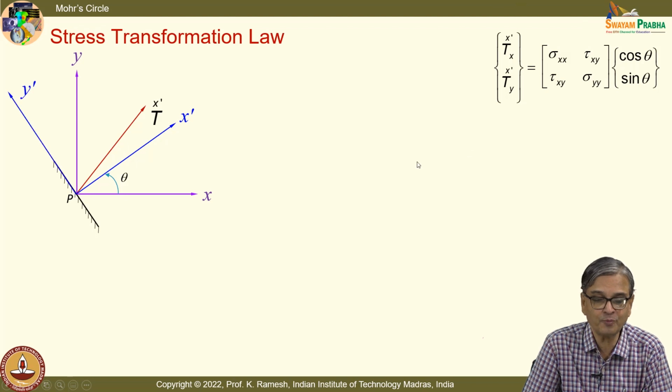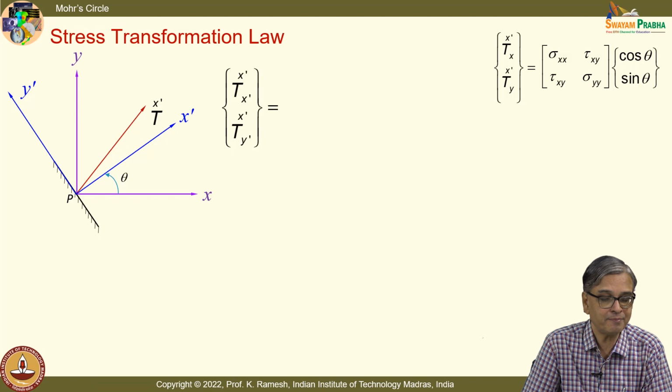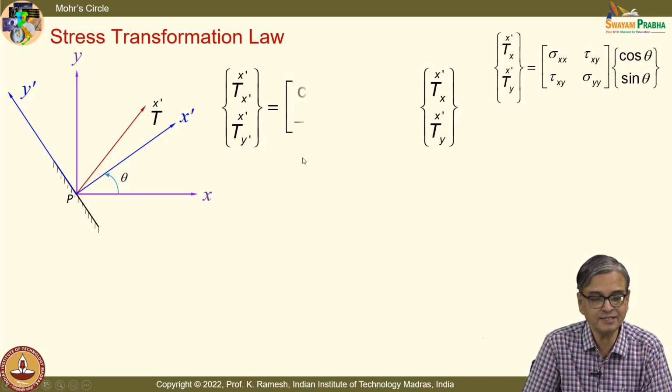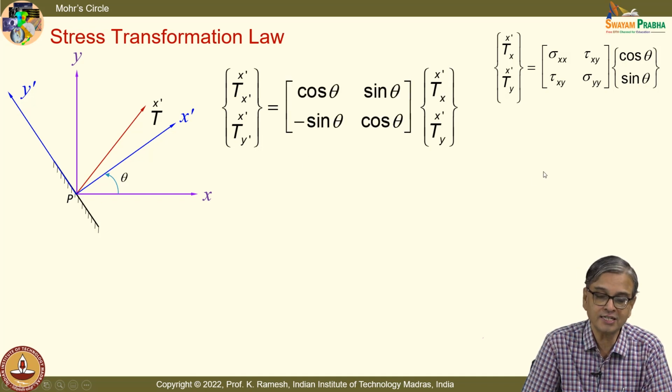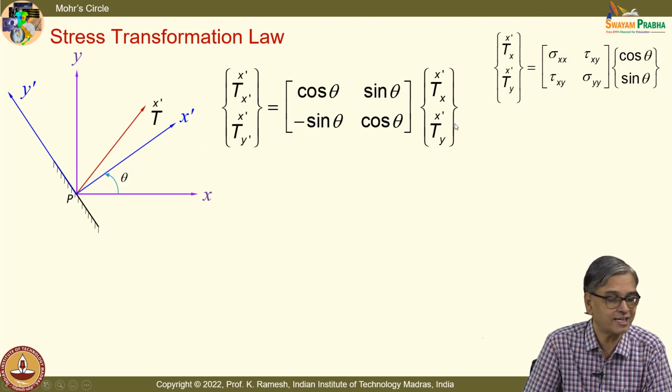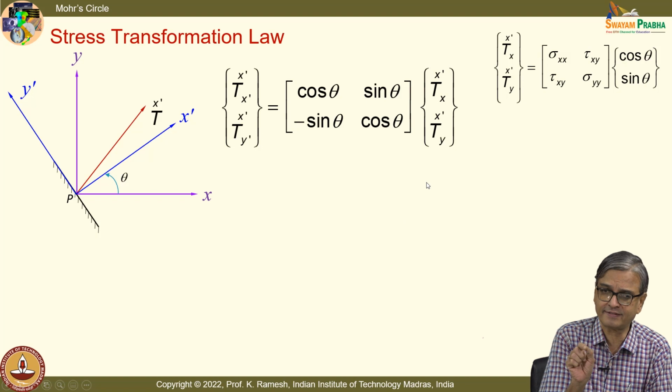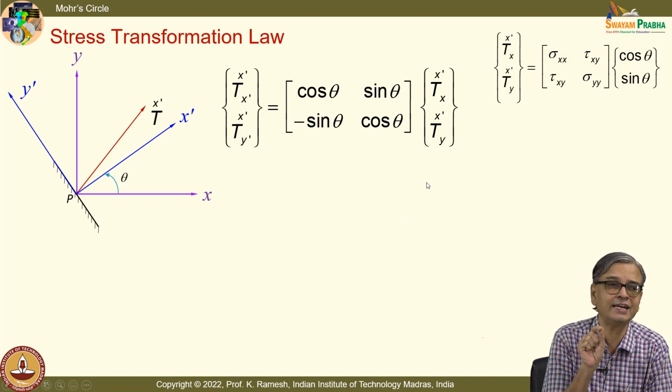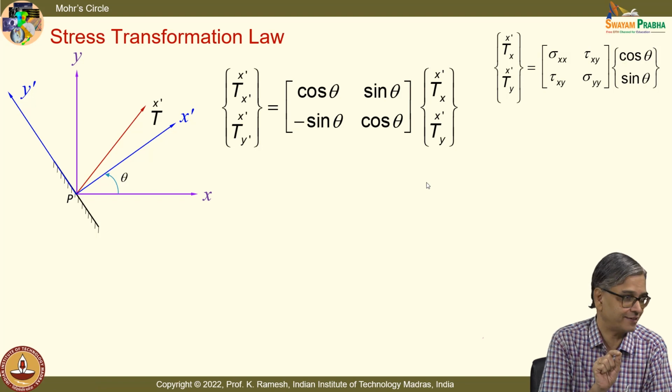From the Cauchy's formula, you transform Tx prime x to Tx prime x prime by a vectorial transformation. This is a vectorial transformation. So, this takes care of one index, this takes care of you have two indices. The first index is related to the plane, second index is related to the direction.